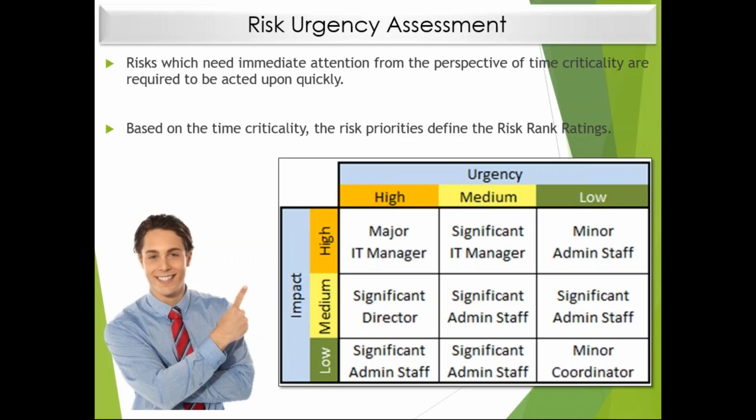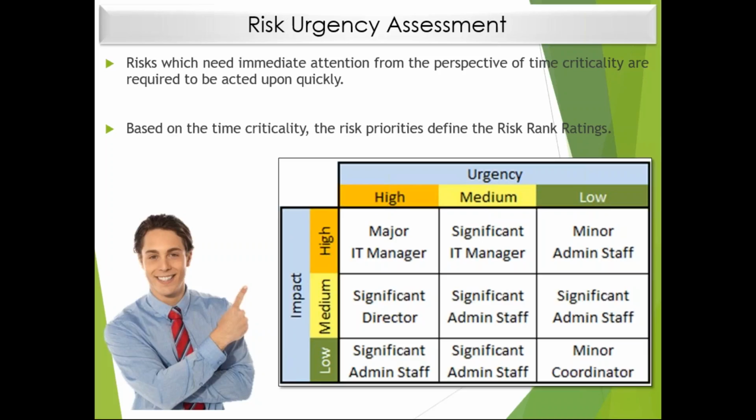Now that's a major incident, and all the company employees are impacted by it. Who is taking care of it? Major IT manager. If it's just your workstation which is impacted, there's nobody else impacted with that particular problem, then it's a low impact, and a minor coordinator will look into the issue.